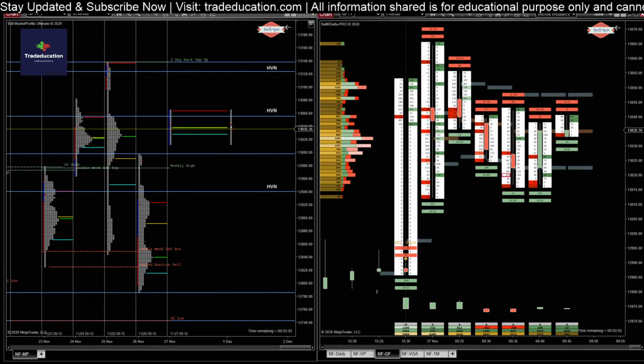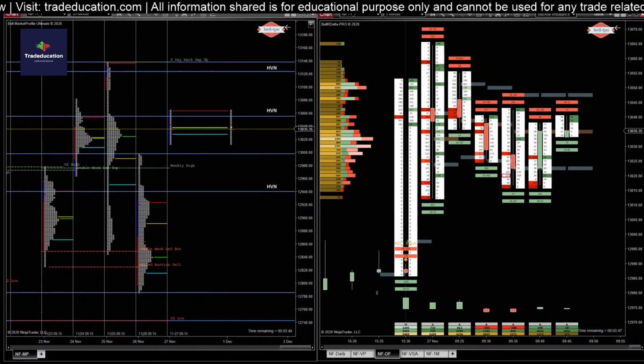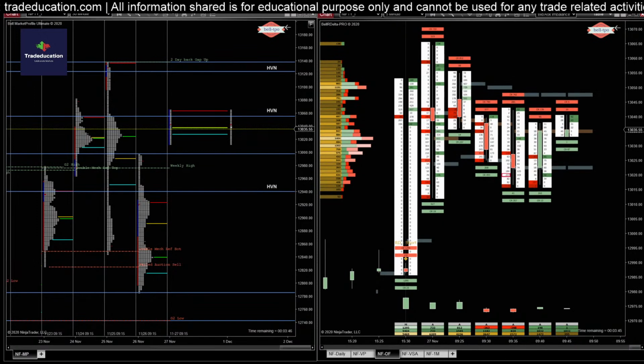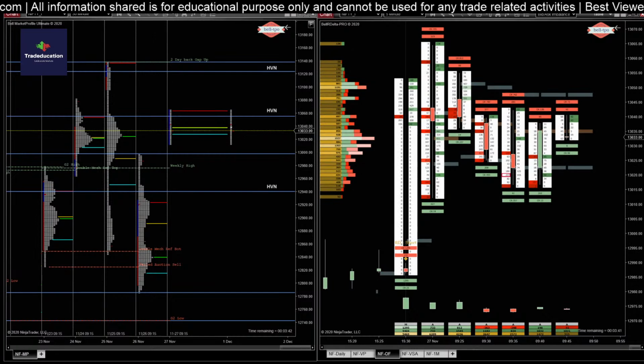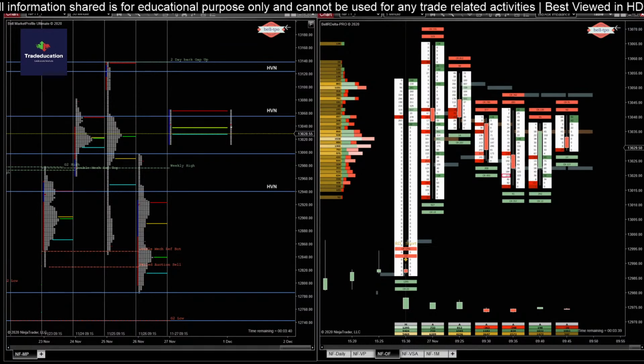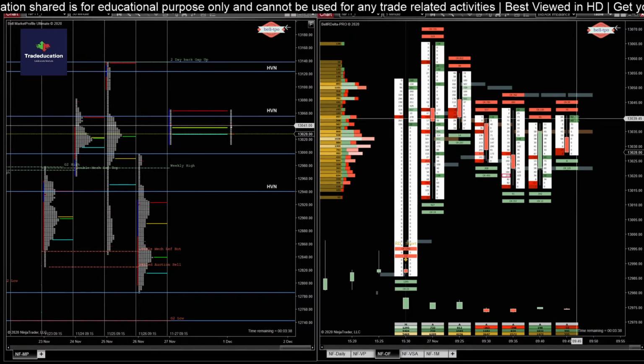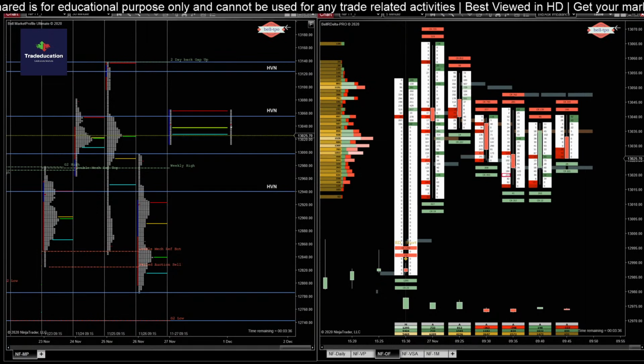So not a good activity. Also getting rejected around VWAP, sellers coming in. Yeah, so look at this tempo which came in from selling.